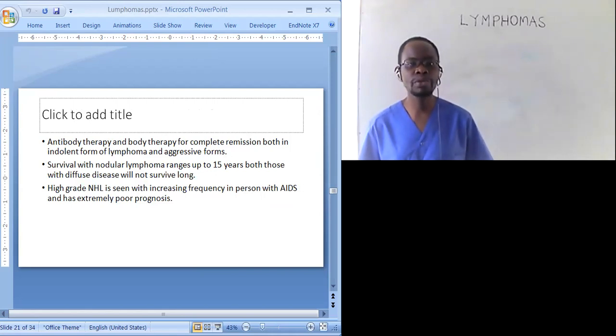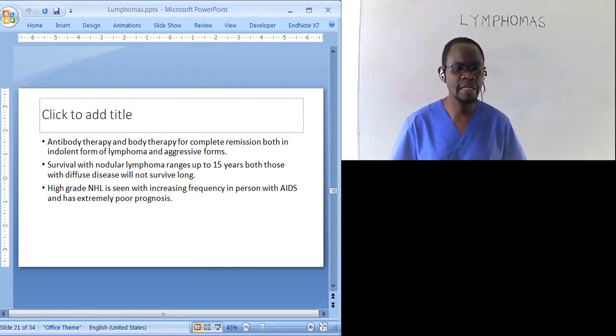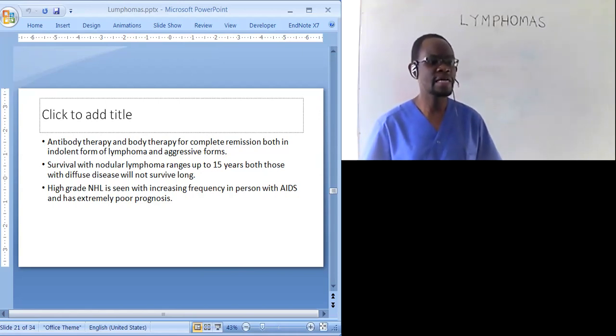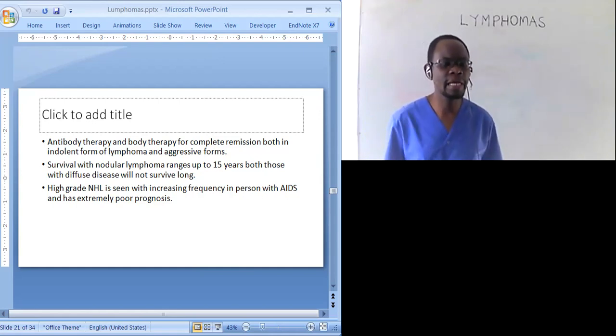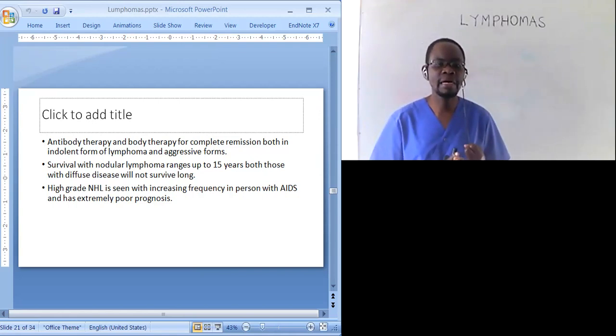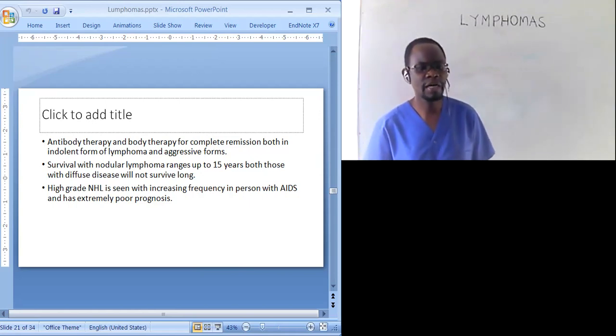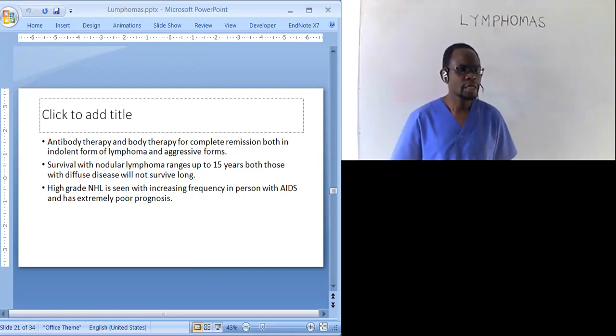They basically help to destroy the cancerous cells, so it is very important that they are used. However, generally in Uganda, our patients usually undergo chemotherapy and radiation, especially for these kinds of lymphoma.